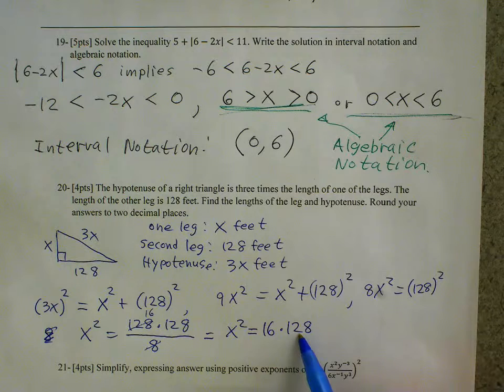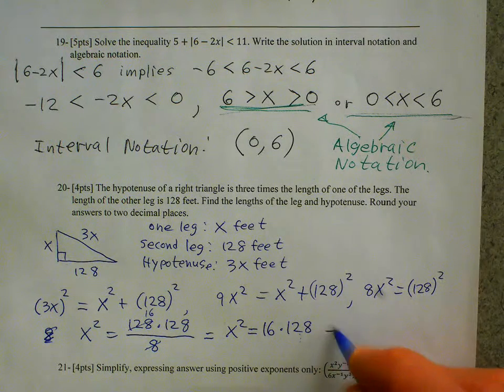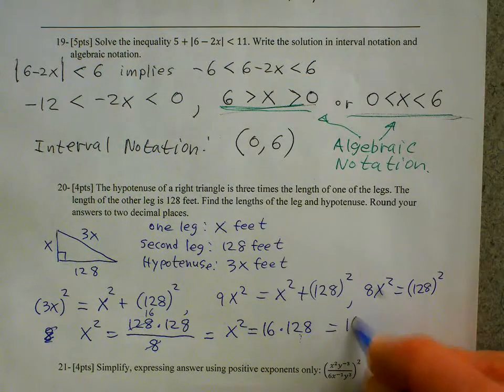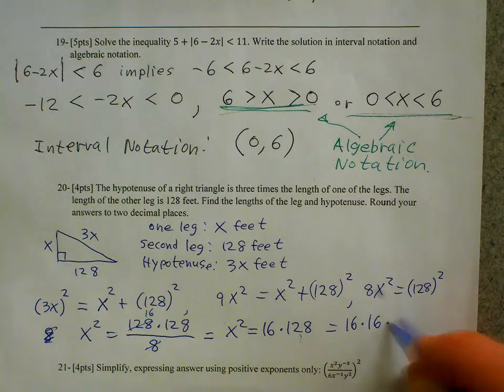And 128 is 16 times 8. So we can think of x squared equals 16 times 128 as 16 times 16 times 8.